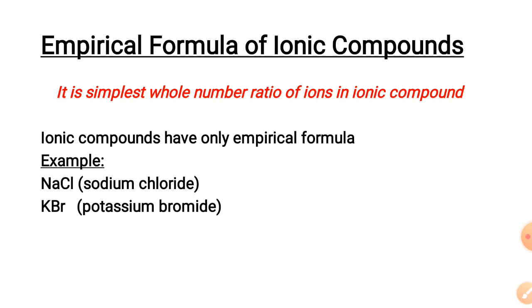As they are three-dimensional, not one-dimensional, they are 3D, and to make a compound neutral, each ion is surrounded to make it electrically neutral. So we use a formula unit for such compounds, for ionic compounds. And we talked about two examples, NaCl and potassium bromide. So that's all for today.